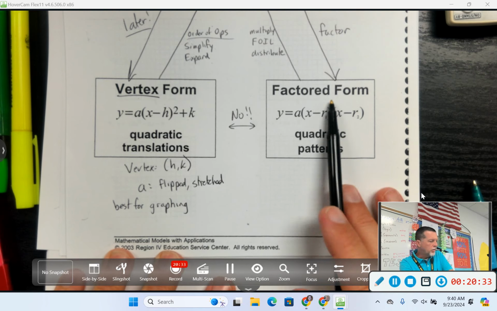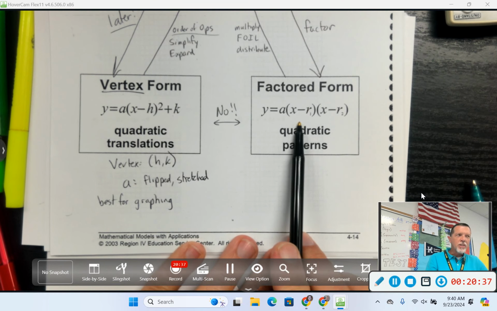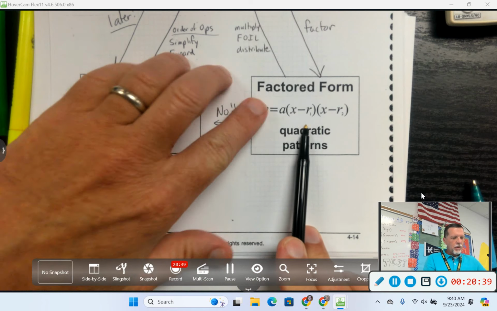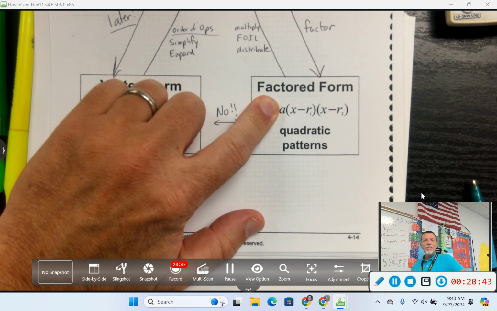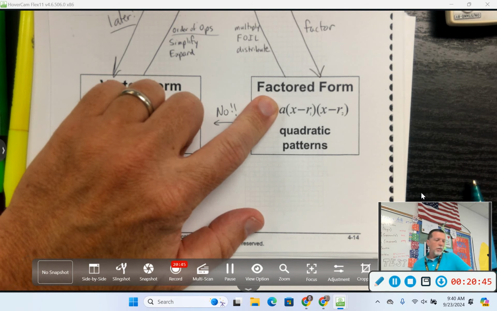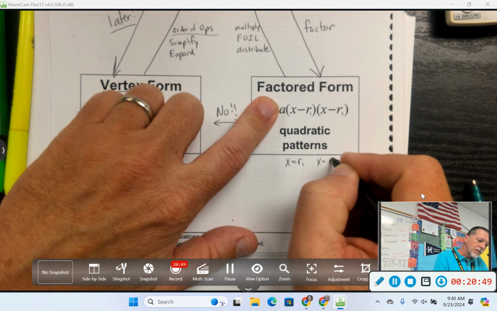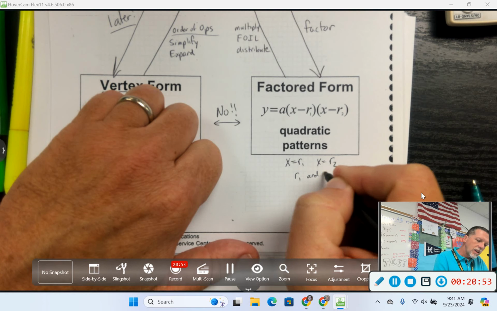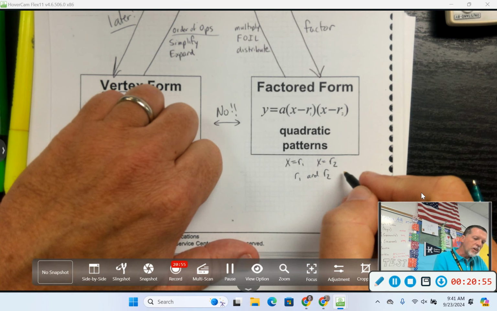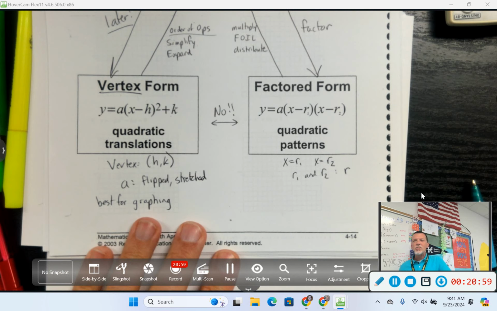Do you know what you learn in factored form? In fact, some of you wanted to do this on Friday. We factored it, and you wanted to set it equal to 0, and then solve for x's. And do you remember what those are called when you find x equals R1 and x equals R2? They are the solutions, but there's a word that starts with R that means the same thing as solutions.